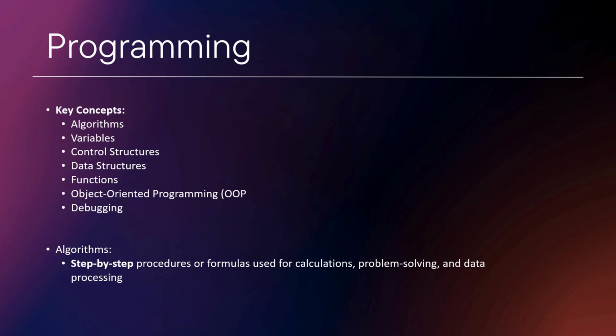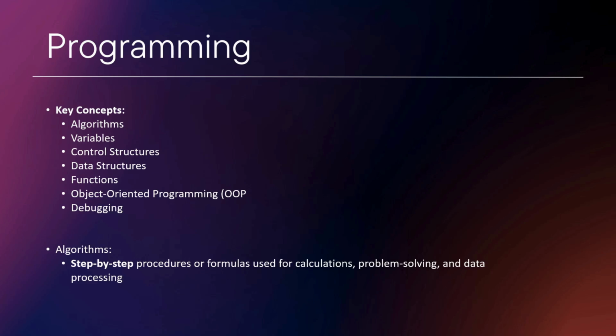First we need to understand algorithms, then variables, control structures. Variables basically hold data for us. Then there are control structures which allow us to control the flow of the code. Then there are different data structures which help us to store the data in our code.